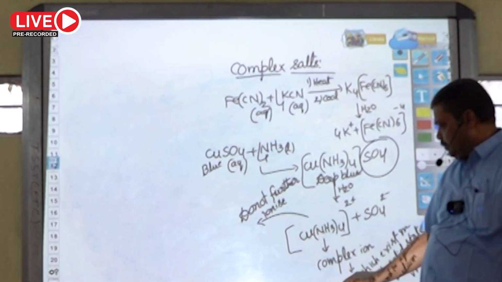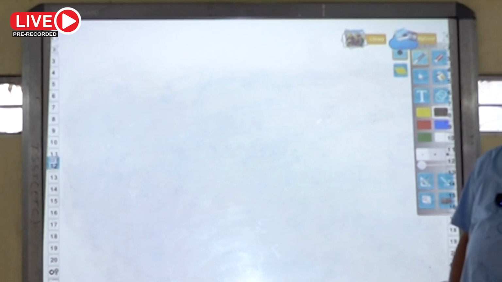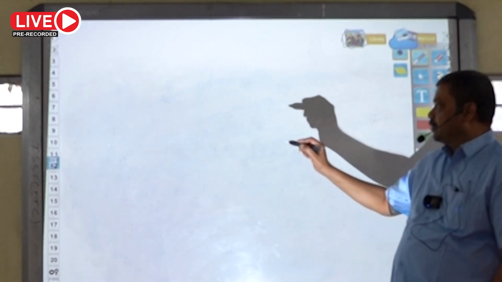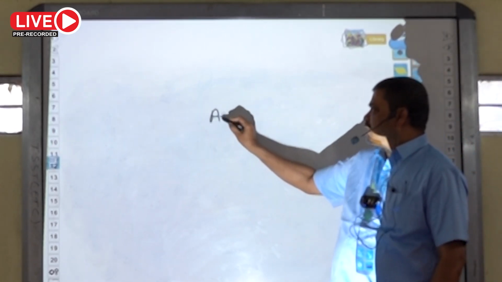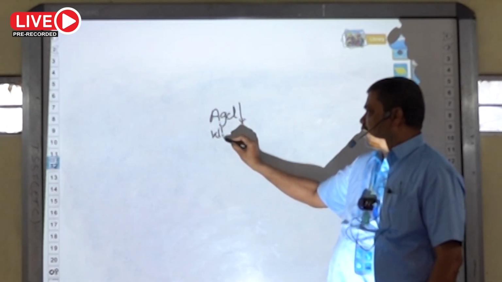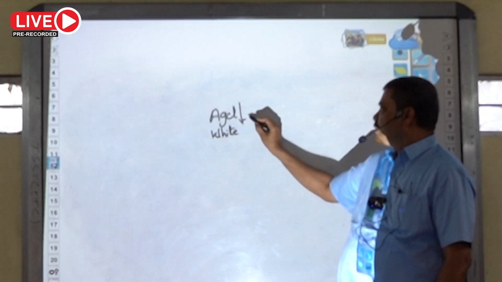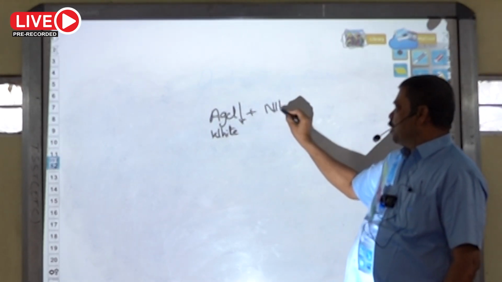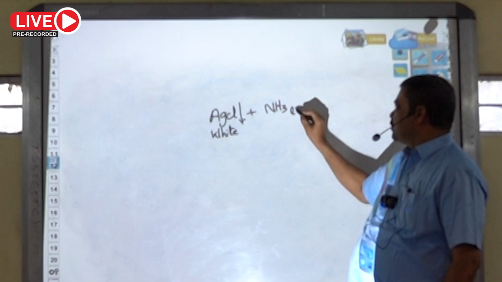We'll give one more example for a complex salt. AgCl is a white precipitate. It is treated with liquid ammonia.